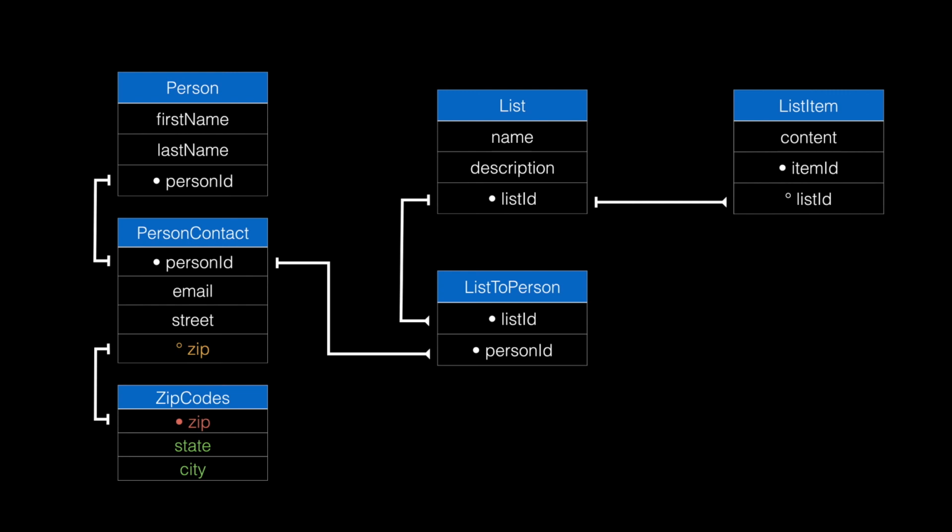But email and street and the zip code are sort of contact information that we could pull out into a separate entity. In this case, we likely have a one-to-one relationship between a person and their contact information. And then, of course, we have kept that person contact efficient by keeping the zip codes separated.